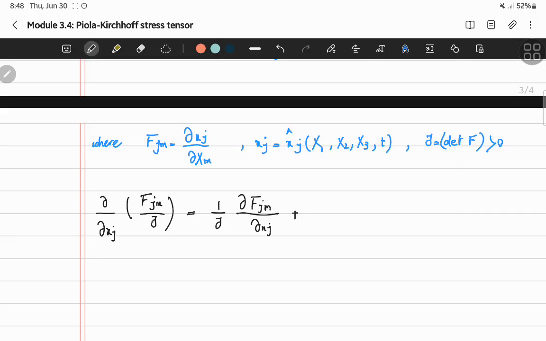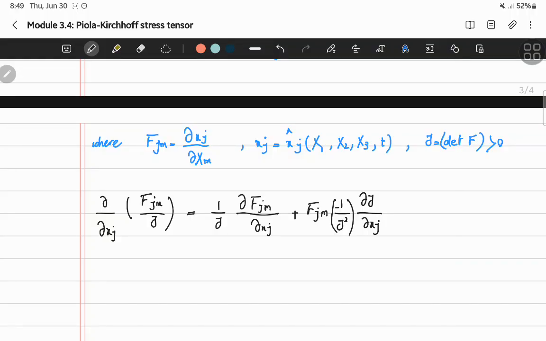So the first term times the derivative of the second. So I have Fjm, then I have the partial derivative of J with respect to xj, and since this is in the denominator, then we have minus 1 divided by J squared.